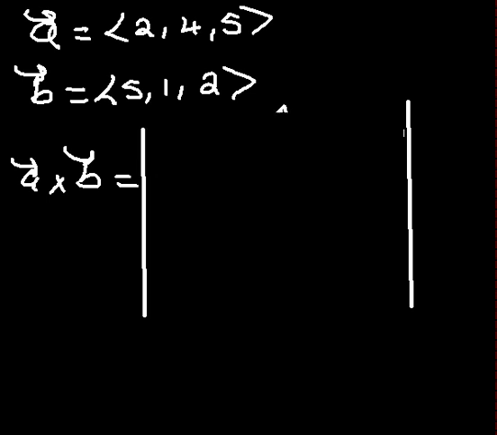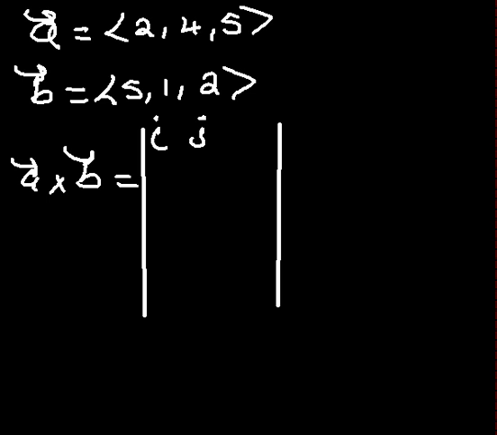Let me restructure the process here. It should be like this at least. So this is i, this is j, and this is k.